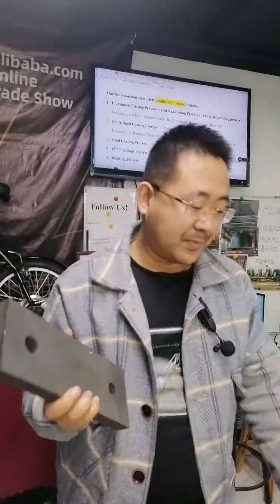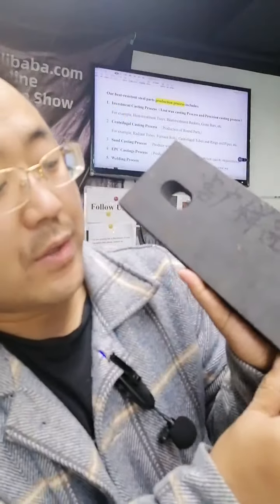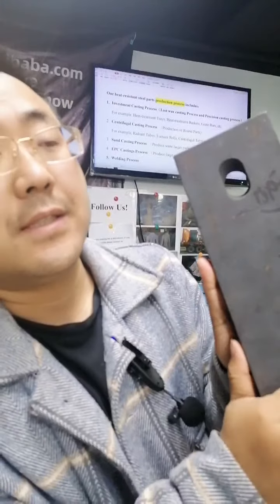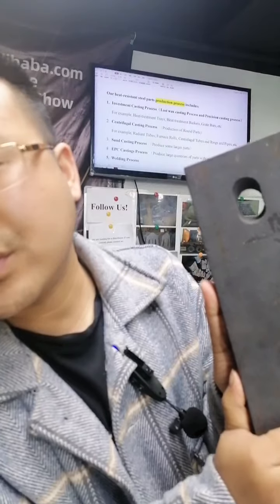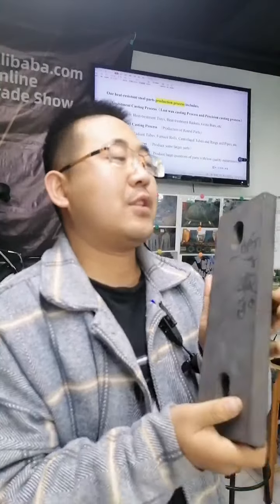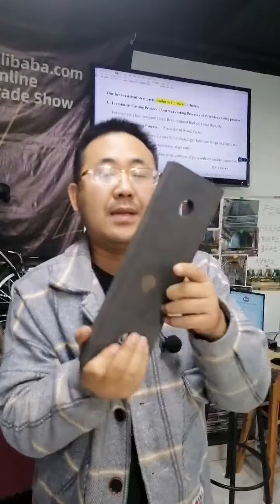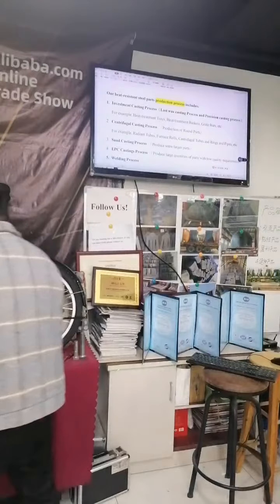And this surface finish, we can look this is very rough, and this is RA 100, and tolerance size also is very big. And this part is our sand casting process.